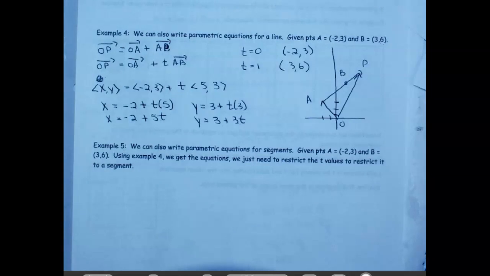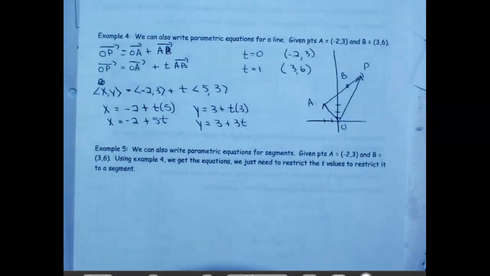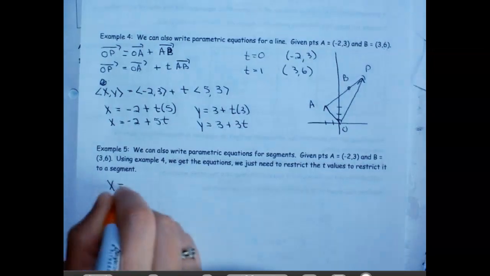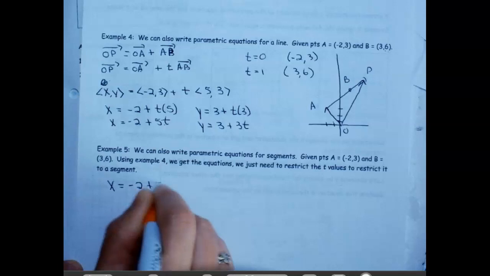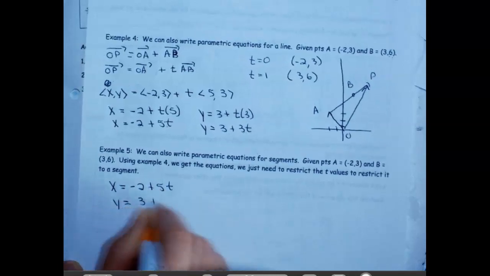Now let's suppose instead of doing the whole line, all we want is the segment. We just want to restrict it to a segment. So we still have those parametric equations of x equals -2 plus 5t, and y equals 3 plus 3t.